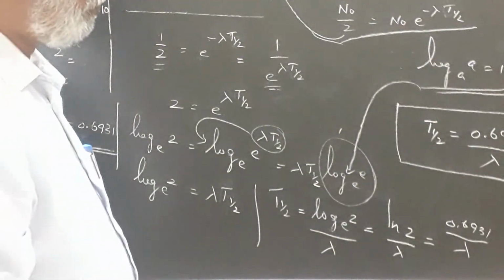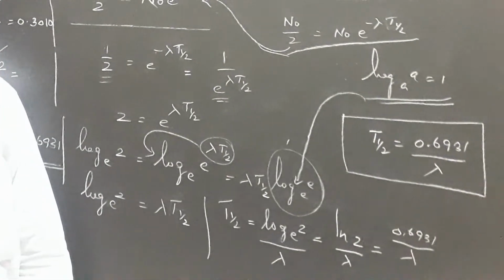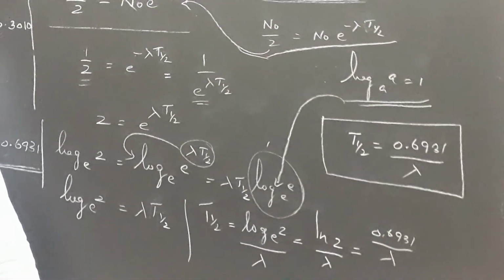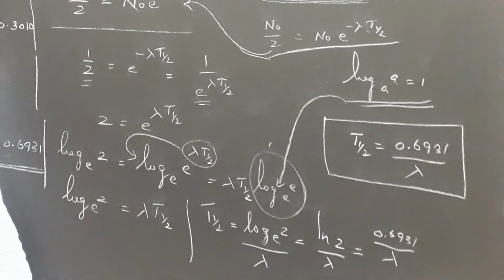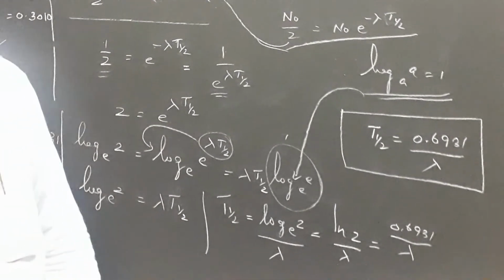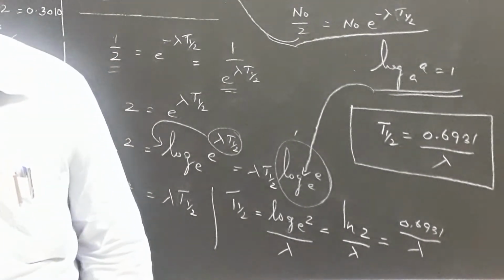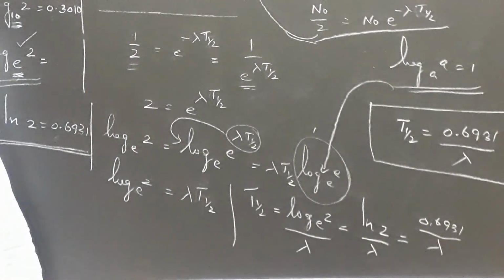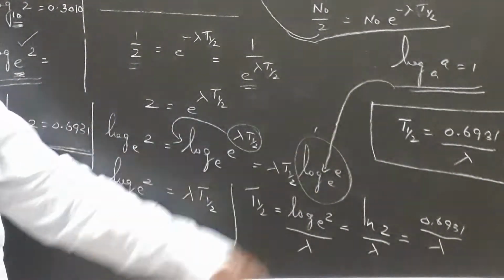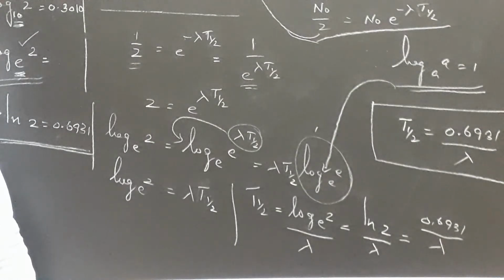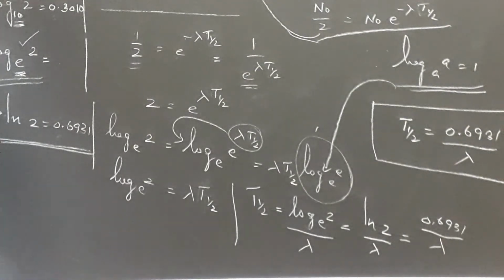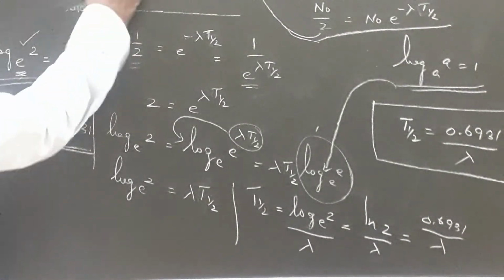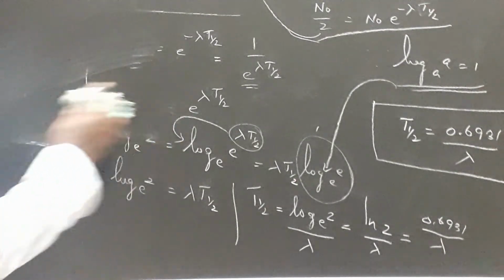This is a very important equation for 5 mark questions on the half-life of any decay of any nucleus. Half-life is given by t of equals 0.6931 by lambda.